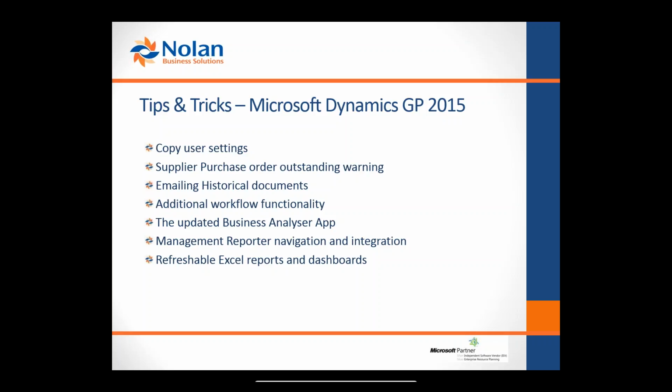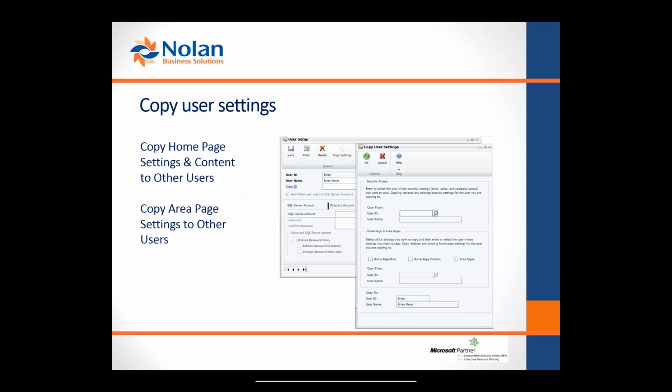Okay, so let's kick off and have a look at the copy user settings. Before, we've been able to copy user details, but it wasn't then able to copy the area page and some of the contents that you then have on your home screens. So what we're able to do now is to mark things like the home page role, home page content and area pages.